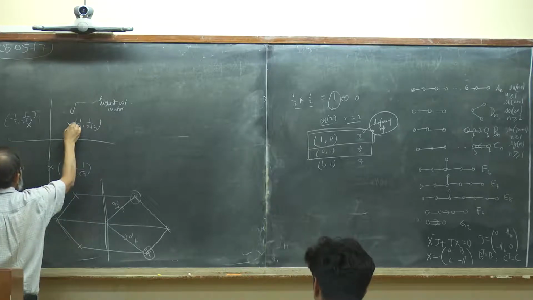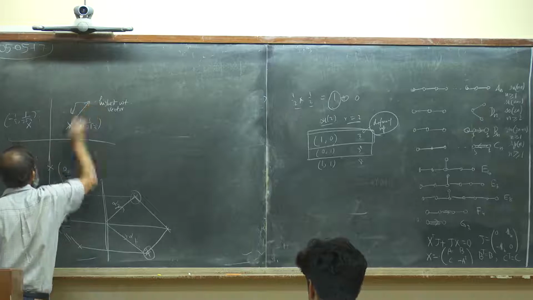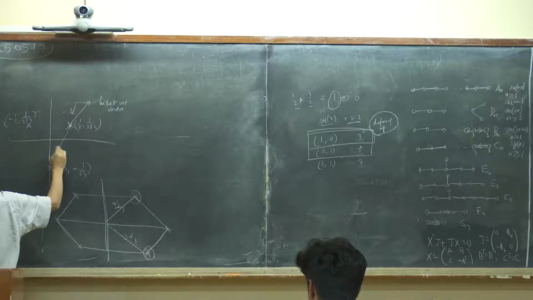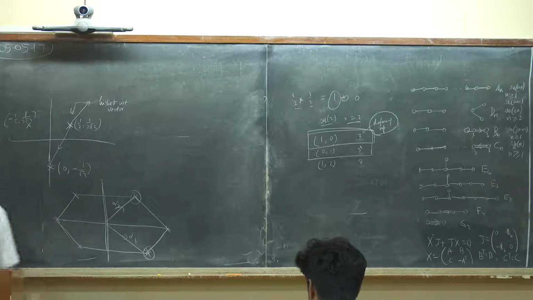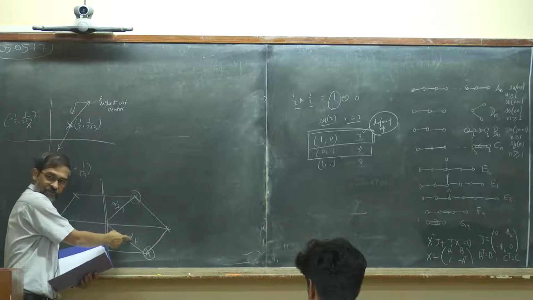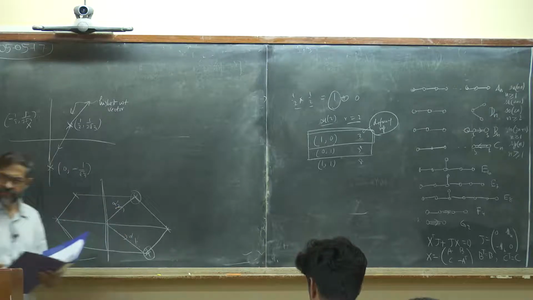So when I apply alpha 1 this way, of course it is 0, but when I apply alpha 1 this way, which is the lowering operator, then I reach here. So I start from the highest weight vector. I wrote something wrong in my notes. I think this is what my alpha 1 was, and this is what my alpha 2 was.